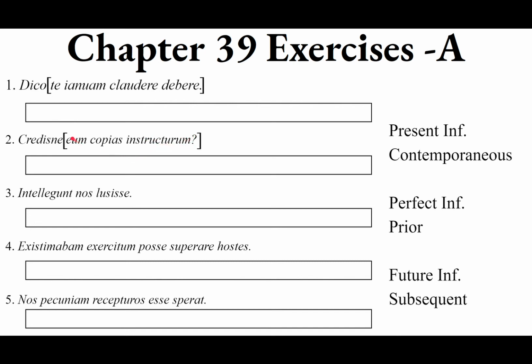It tells us that eum is the one that's going to do the drawing up. Him, eum, accusative singular masculine. He will draw up the copias, the direct object accusative of this infinitive. Do you believe that he will equip the forces? Do you believe that he will draw up the forces?